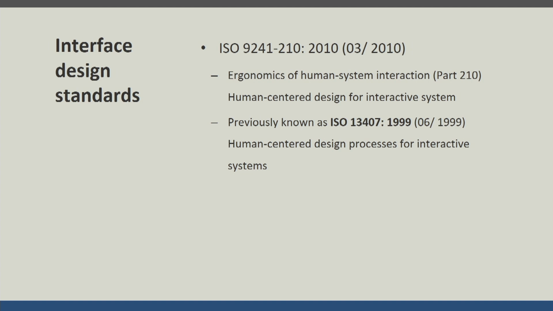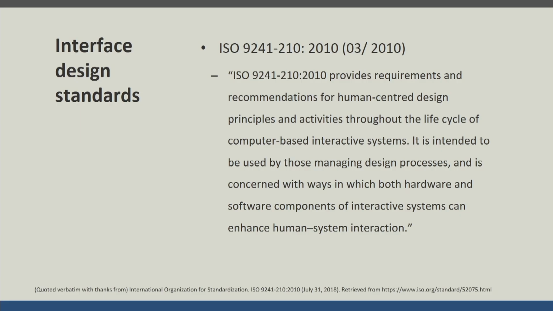So in front of you is an example of one such revision. This ISO standard 13407 got revised as ISO 9241, and there is a revision document that is available for us to see. Now let us read this standard, how it is written, how it is explained in the public repository of ISO.